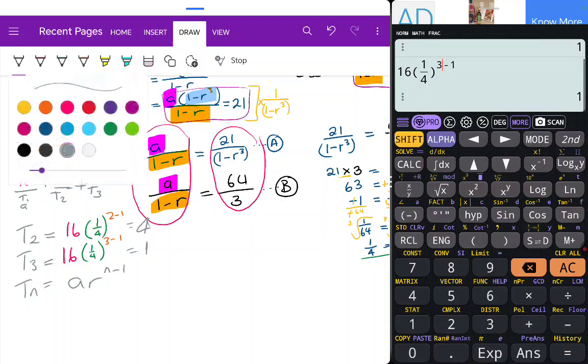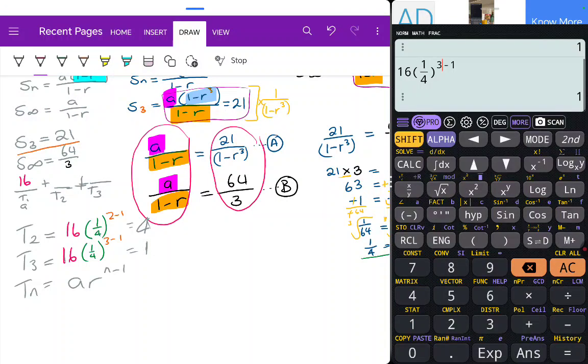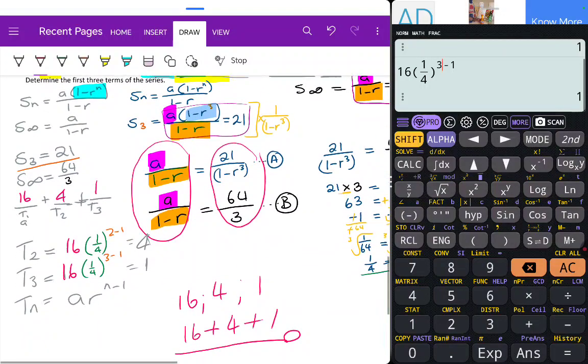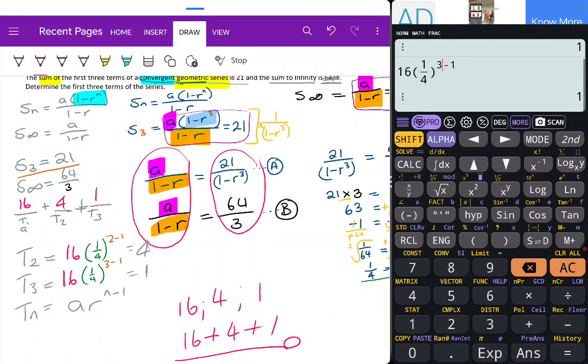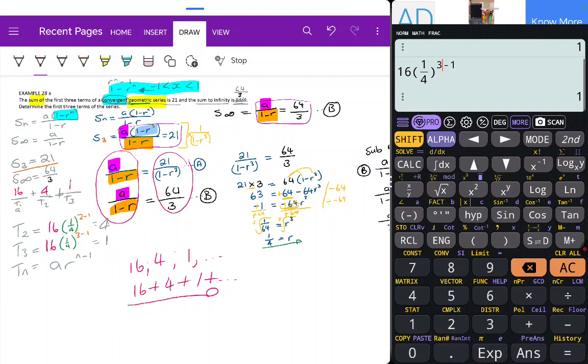Term 3 is 1. Your answer is 16, 4, 1, or 16 plus 4 plus 1. Now, which one? Is it with the pluses or without the pluses? Plus infinity or semicolon infinity. Okay, so that is example 28a.